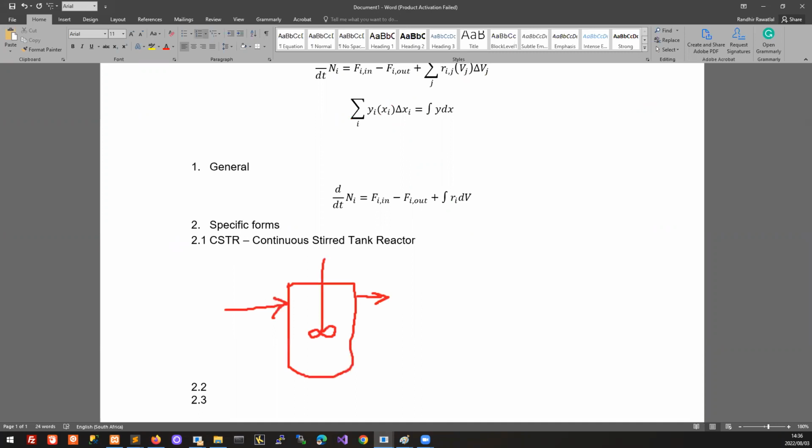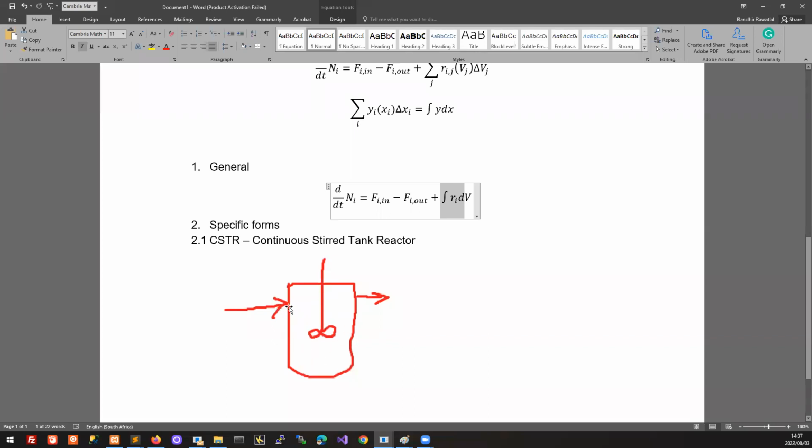So let's look at modifying our general equation and develop the specific equations for the CSTR. Okay, so we've got continuous flow, first of all. So we know that we have flow in and flow out. So we are going to keep these two terms because there will be some reactors where we don't keep these two terms. The other thing is it's perfectly mixed. So if the reactor is perfectly mixed, then the concentration is approximately the same everywhere.